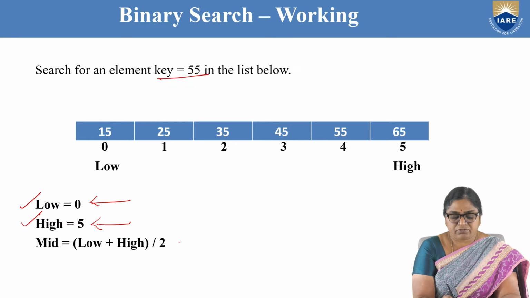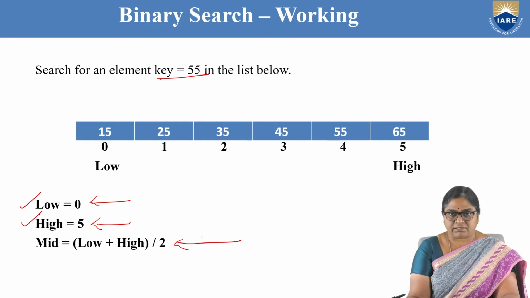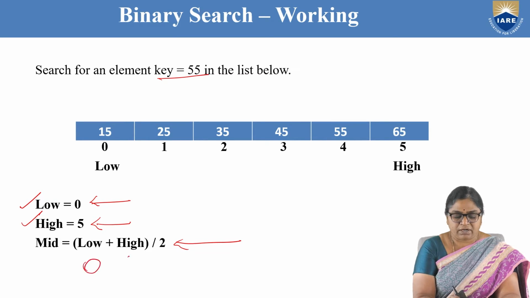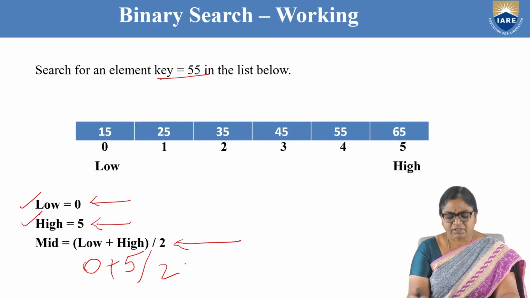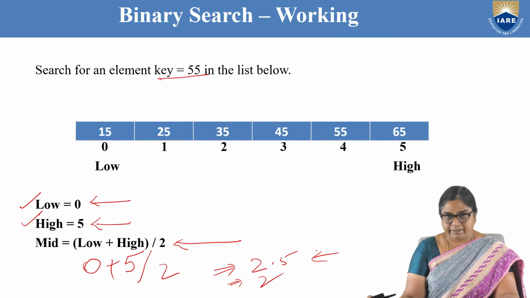And we will try to get the middle point of the list. So by calculating, mid is equivalent to (low plus high) by 2. Here low is 0 and high is 5. So (0 plus 5) by 2, which returns 2. Exactly it is 2.5, but we will go with only integer division, so we will get 2.